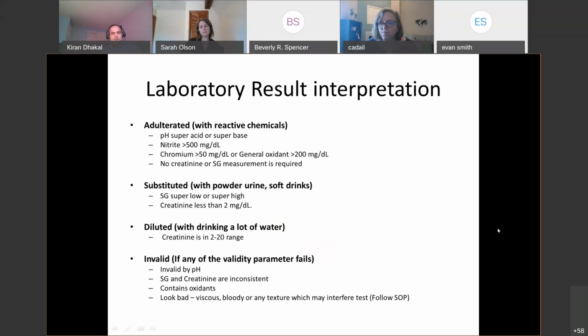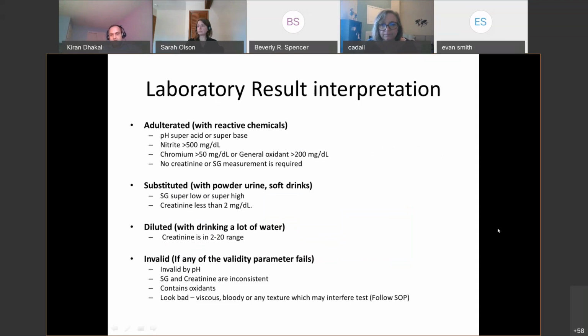So in summary, for laboratory result interpretation, we call it adulterated urine, adulterated with reactive chemicals. If somebody added a very acidic or super basic solution and interfered with the pH, and the pH is no longer within 4.6 to 9.